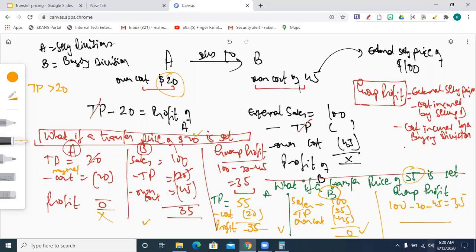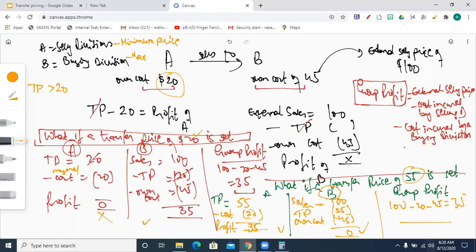So I'm making two points here. The minimum transfer price is set by the selling division, and the upper limit is set by the buying division, because this is the maximum he is willing to pay. Currently, the maximum he's willing to pay is 55, because at that the profit is 0. Over that, he'll be bearing a loss.